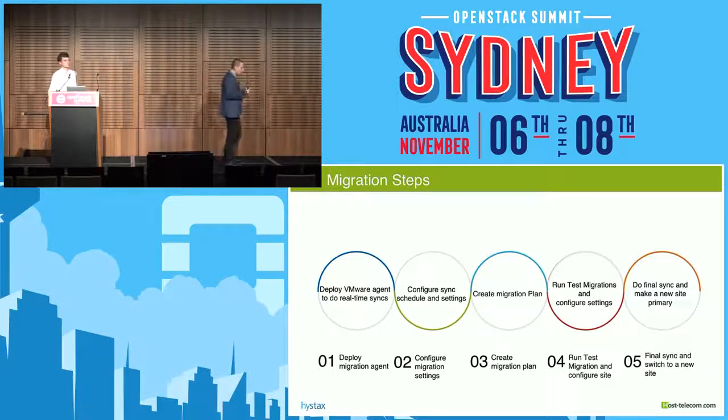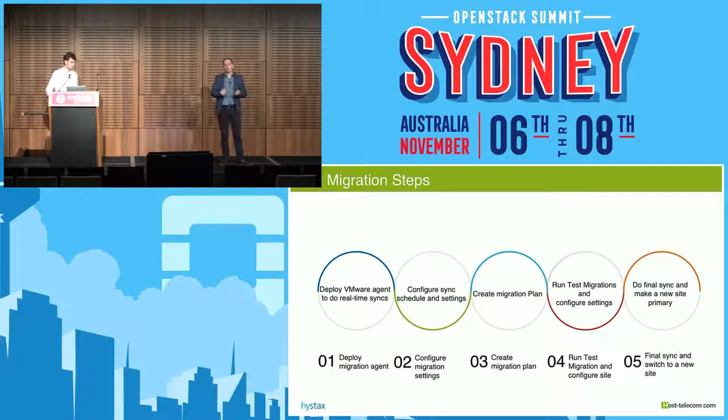If we speak about migration of the computing part, it consists of 5 steps we need to accomplish to do a successful migration. First of all, we need to deploy migration agents, which would externally replicate the business application and send data to the OpenStack site, to another site where we would like to spin up our application.